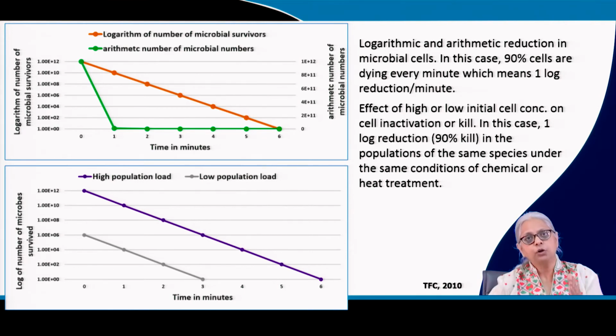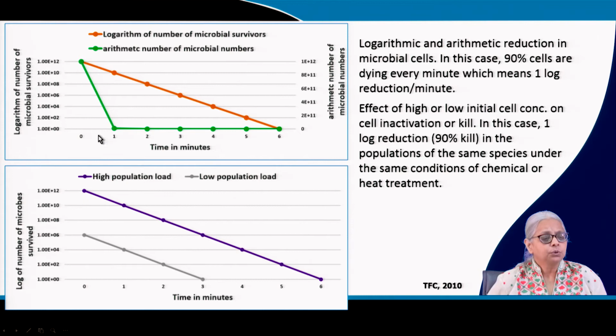So the rating of a membrane filter, for example, is in terms of 2 log reduction, 3 log reduction, 4 log reduction. These are the ways in which we quantify how many cells are being removed from the water sample or any other sample.